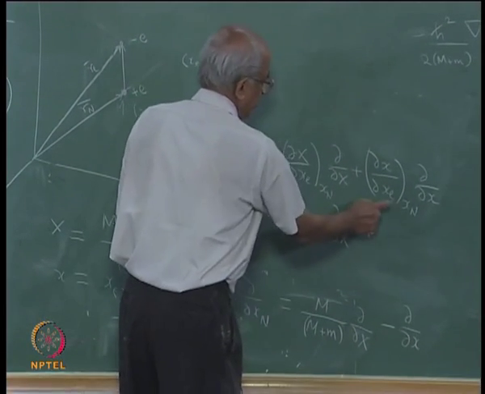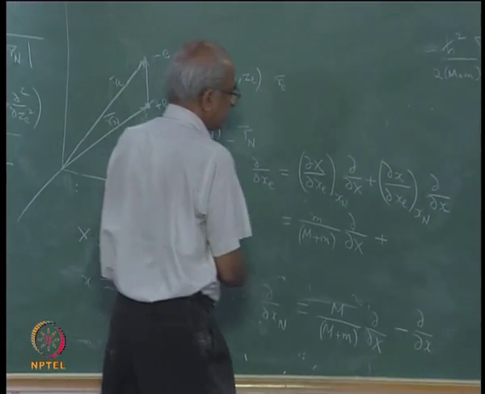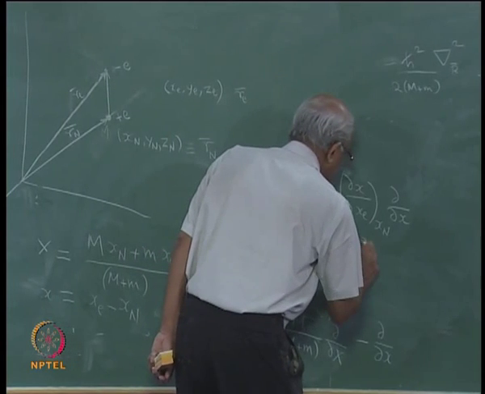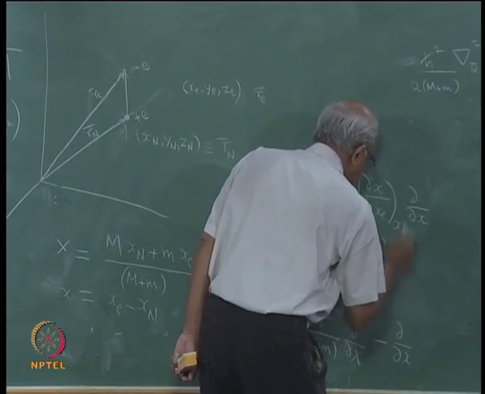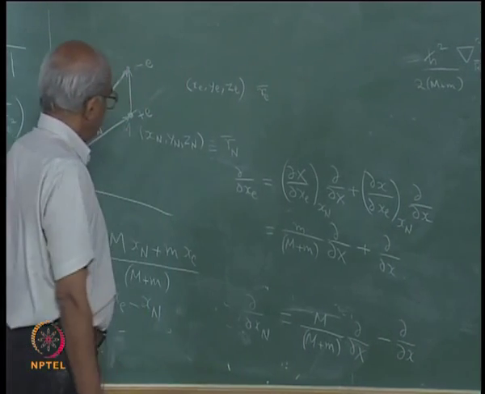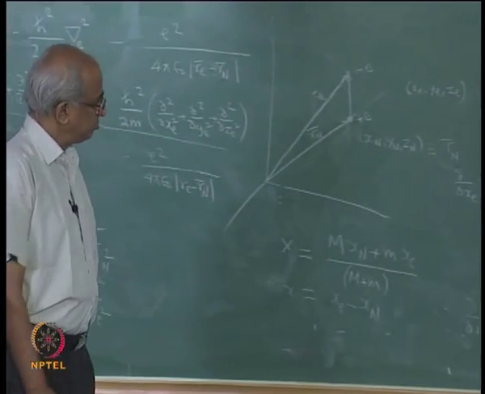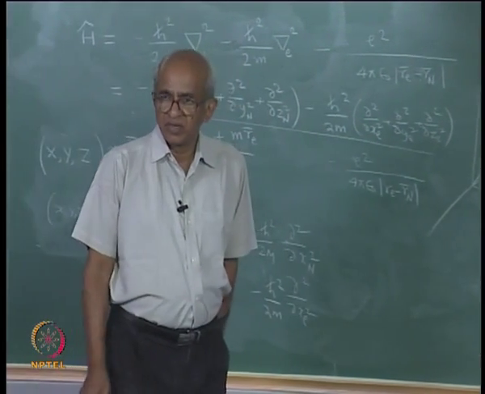This derivative, if you evaluate, you will find that the answer is unity. So, therefore, you will get dou by dou small x. Fine.